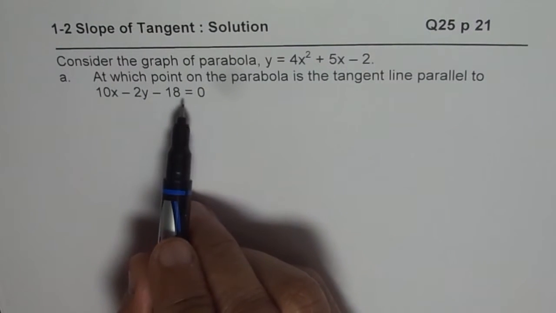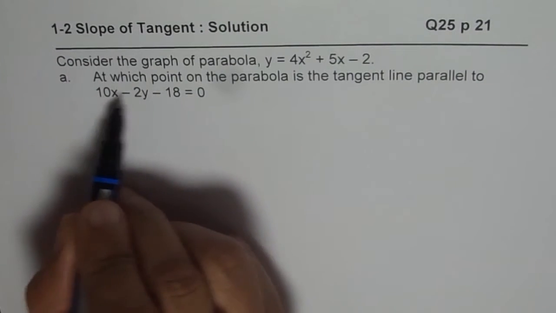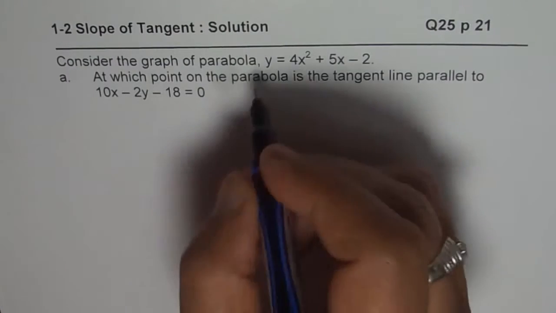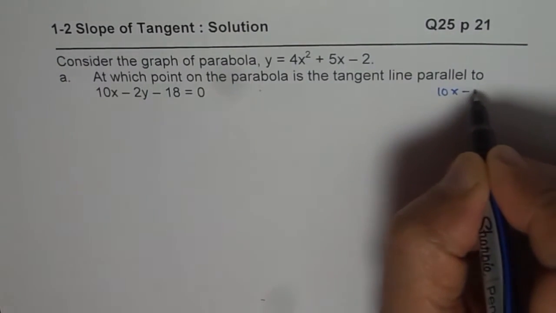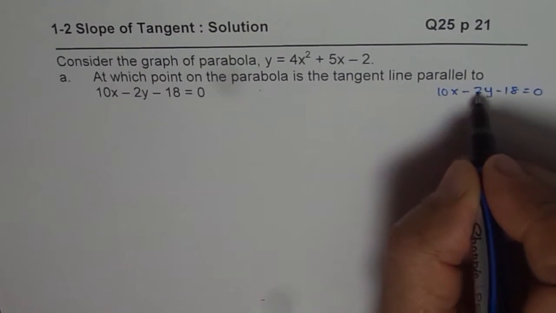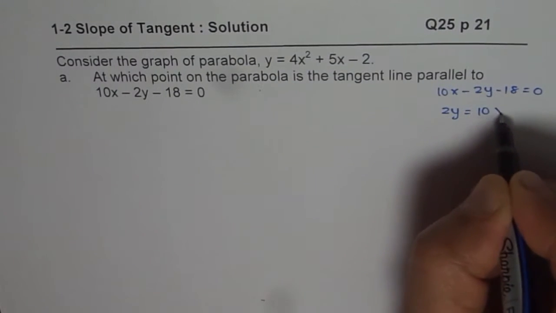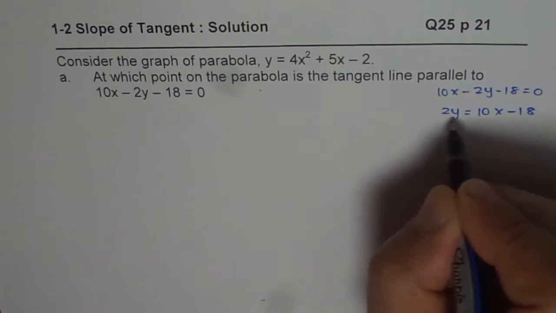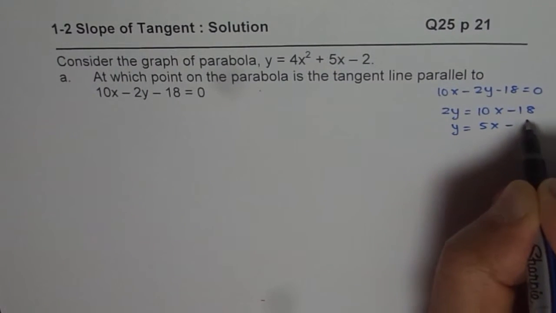So the slope should be, you can rearrange this equation and find the slope. So let's rearrange. This equation could be written as 10x minus 2y minus 18 equals 0. We'll bring 2y to the other side, because 2y equals 10x minus 18. Dividing by 2 we get y equals 5x minus 9.